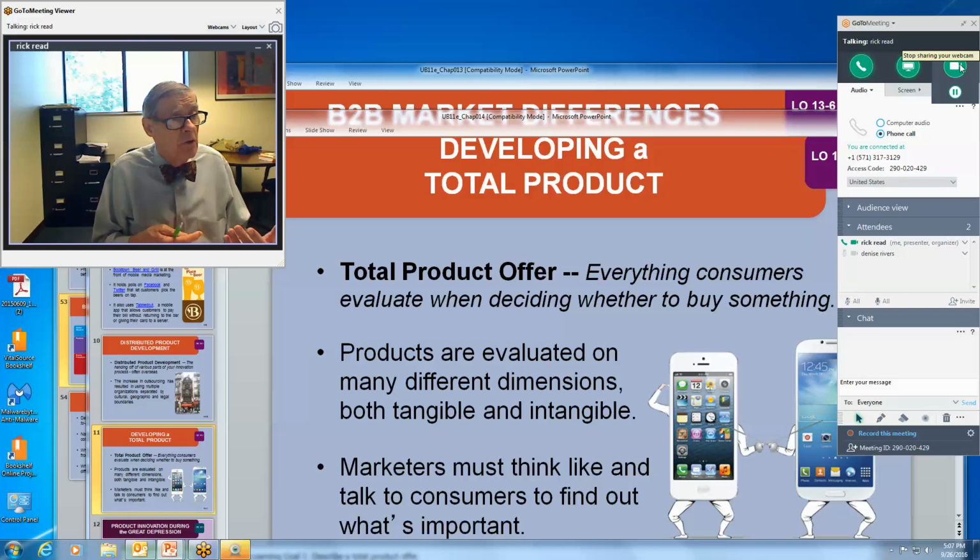Those are both tangible things, the things that we can see and feel and touch, maybe even hear, as opposed to the intangibles, which are very difficult to define. So how do we figure this out? We marketers have to think like the consumer does, because if we don't, then we're going to be giving them a product they don't want to buy.